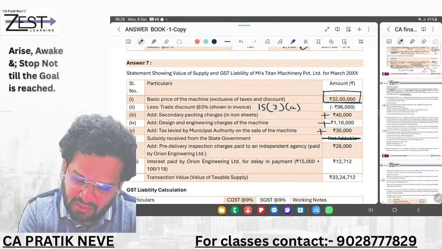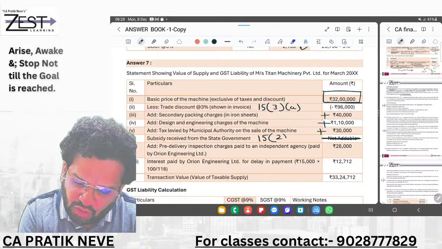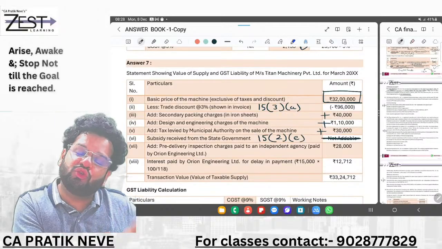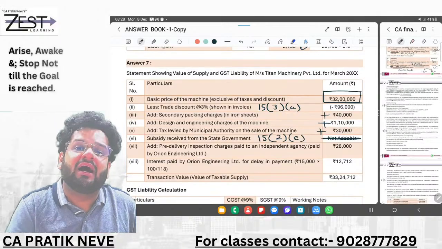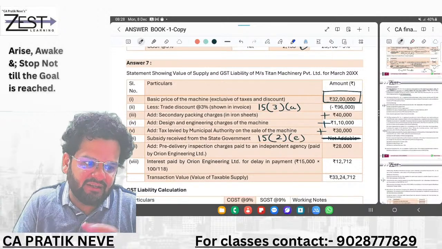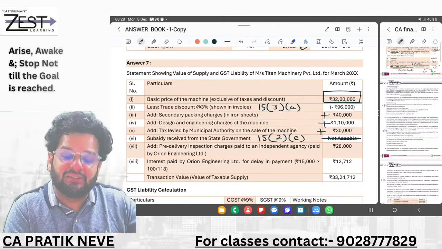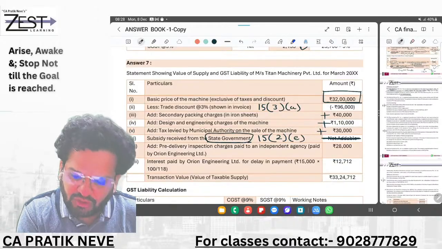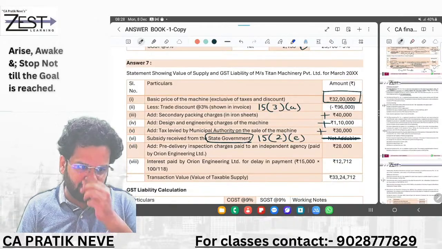Subsidy is not addable, thanks to 15(2)(e), which says that subsidies linked to the price of the goods, other than central and state government subsidies, are to be included. But this is a state government subsidy, so it is not to be included. Okay.